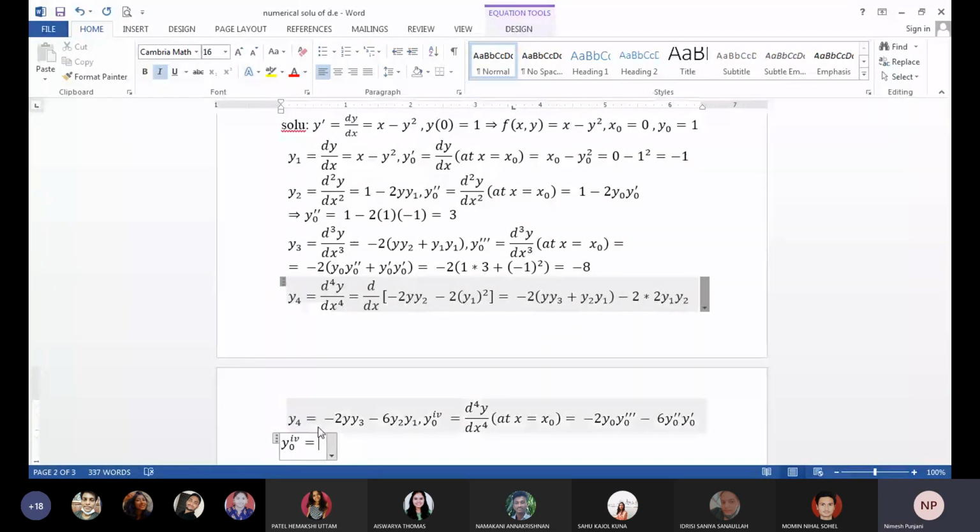So that will be -2, y0 is 1, y0 triple dash is -8, -6 times y0 double dash which is 3 multiplied by y0 dash which is -1. So if you solve this, +16 and +18, I get 34.